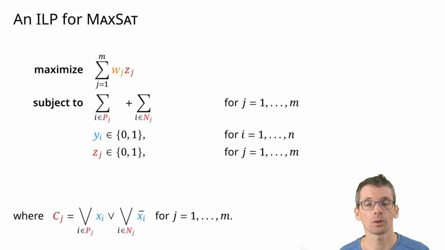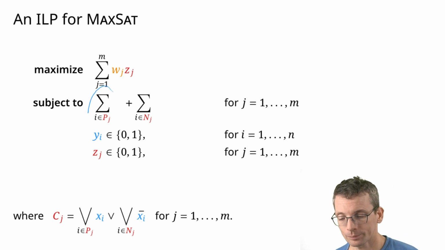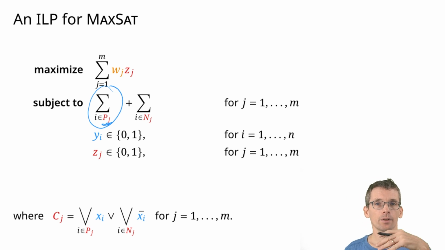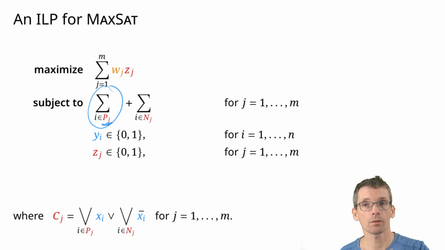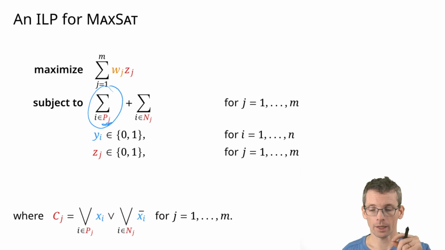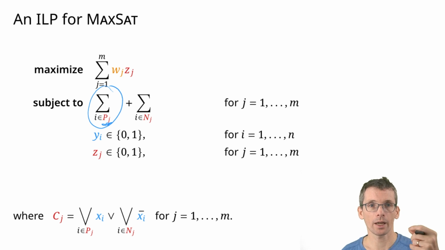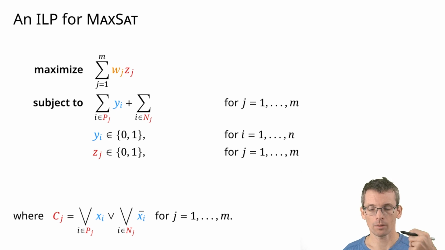So we're going to take the sum. Pj is the set of variables that positively occur in clause cj. I'm going to take the corresponding yi here, and for those that occur negatively, I'm going to take 1 minus yi.